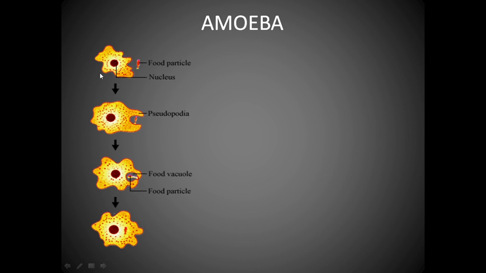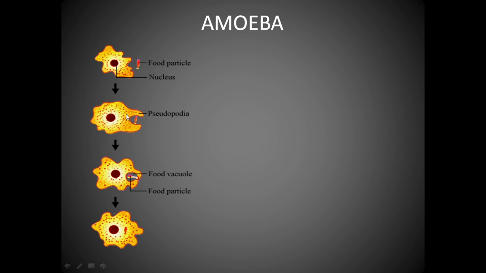The organism can extend its pseudopodia and it does not have a definite fixed shape. Now when the amoeba senses a food particle, here the food particle, this red mark on which I have kept the arrow, that's a food particle, it's labeled. Whenever the amoeba senses a food particle, it will extend its pseudopodia.